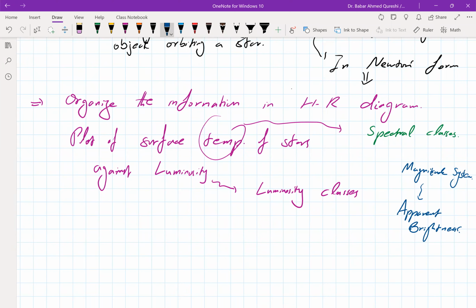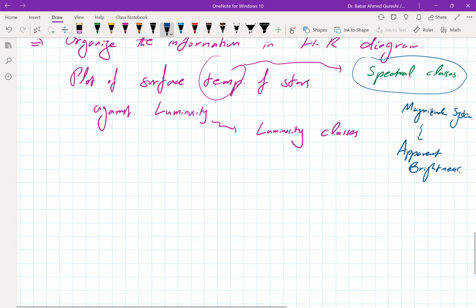So the luminosity classes were five classes, and apart from that you had a special class, white dwarf, and then you had spectral classes in terms of O, B, F, G, and so on.